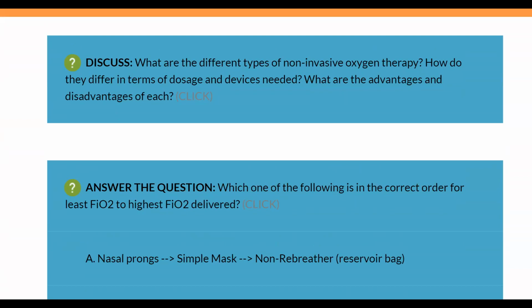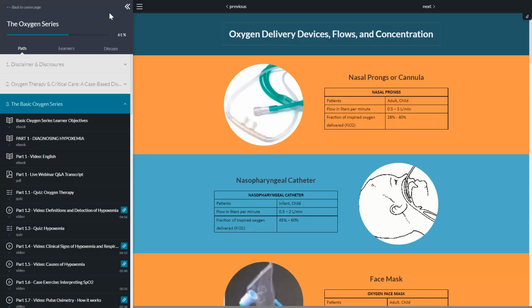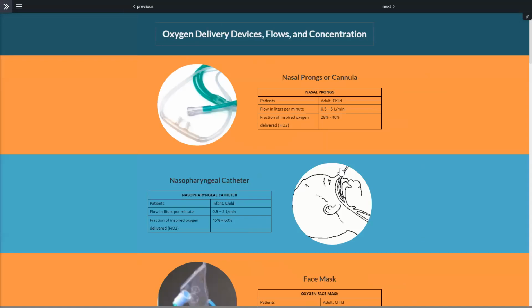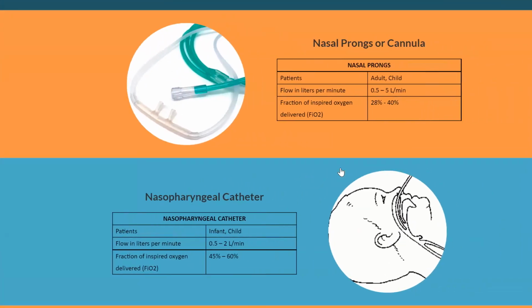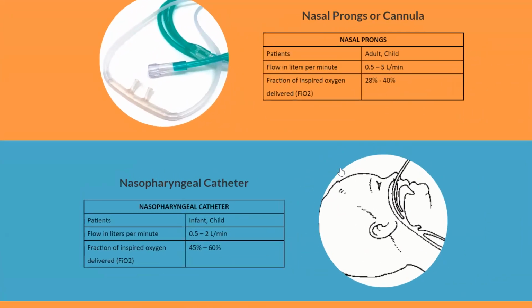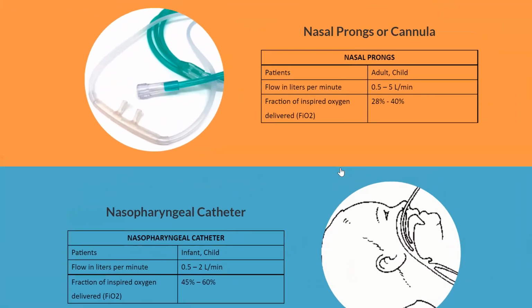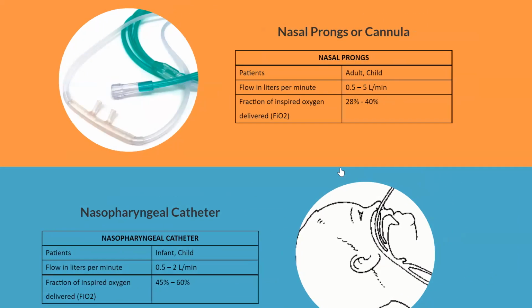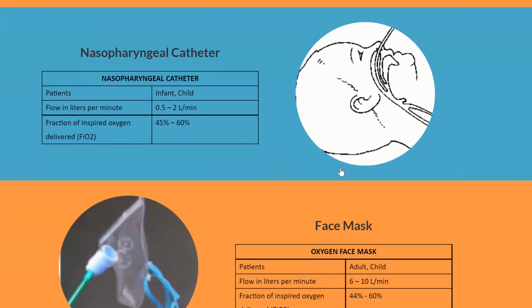If we can click there, we can see a list of devices. As you remember, nasal prongs, which are commonly used, you can give about 5 liters. In my practice, usually we give between 1 and 6 liters per minute, and you can achieve FiO2 of around 40%. Nasopharyngeal catheter, I don't have experience using that, and it is not commonly available in our setting.